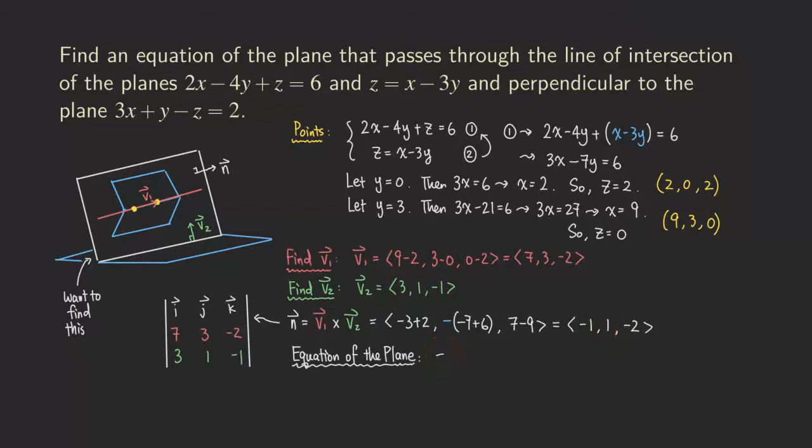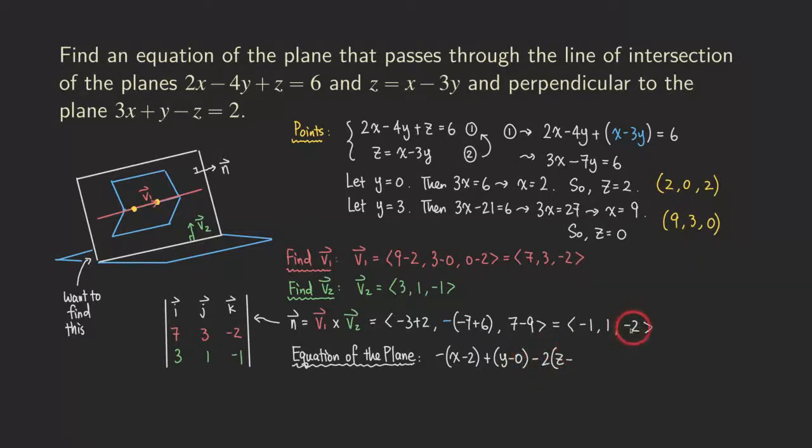So we are going to get minus, this is -1, right? So just leave that, and then x minus 2. And then this is +1, so just plus y minus 0, right? Because the y value for this point is 0. And then -2. And then z minus, what do we get here?